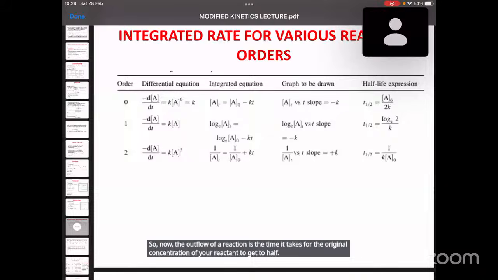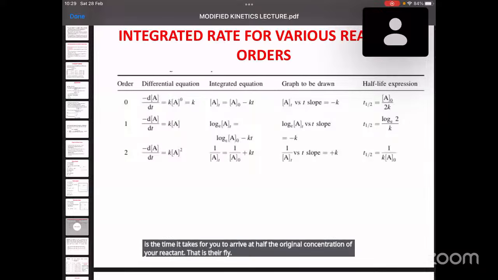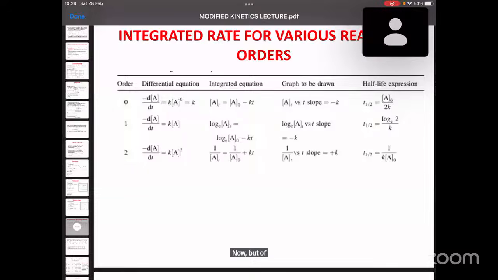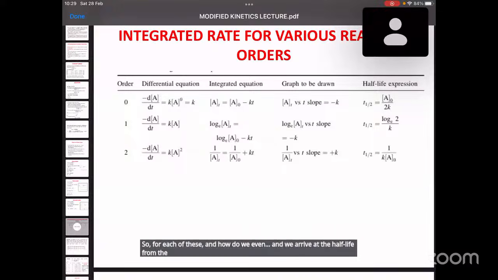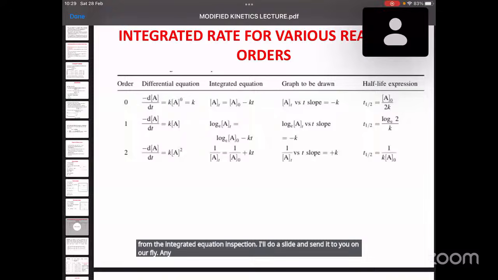You can calculate the half-life for a reaction if you know the rate constant. So for each of these, how do we arrive at the half-life from the integrated equation expression? I'll do a slide and send it to you on half-life. Anyway, it's here, so we just need to quickly explain it.